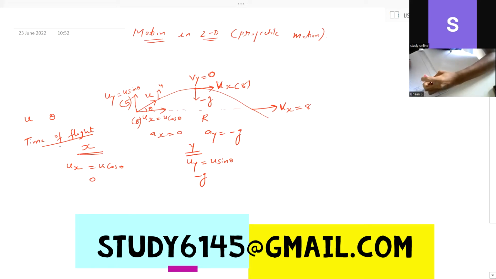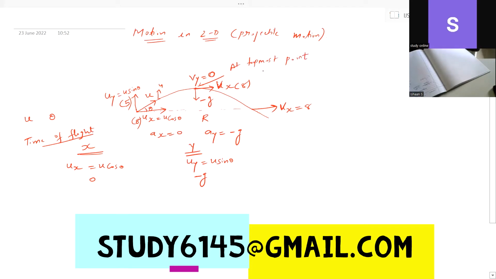See, what can we use to derive time of flight? At the topmost point, we can use S equal to ut plus half at square to get the height, and then you'll find the time. Pay attention.